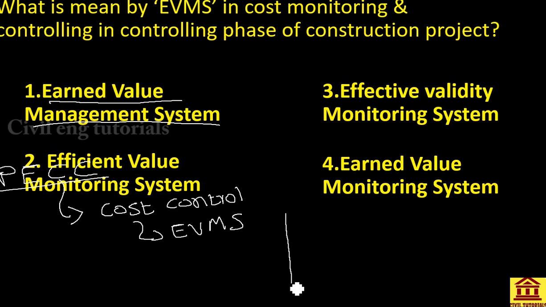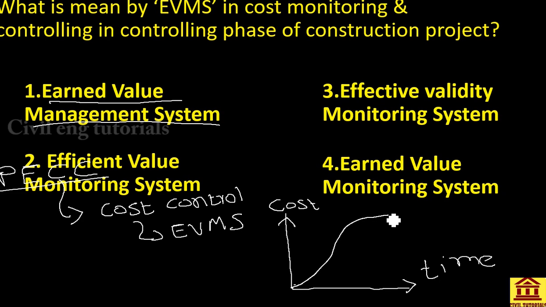here we can draw a curve for cost against time, and the cost will be in an S shape for our planned budget. This is the planned budget, which has already been defined at the planning phase of the project, and this dotted line is the actual cost for work done.